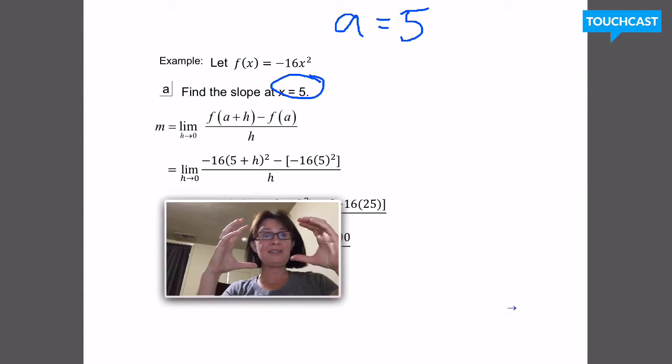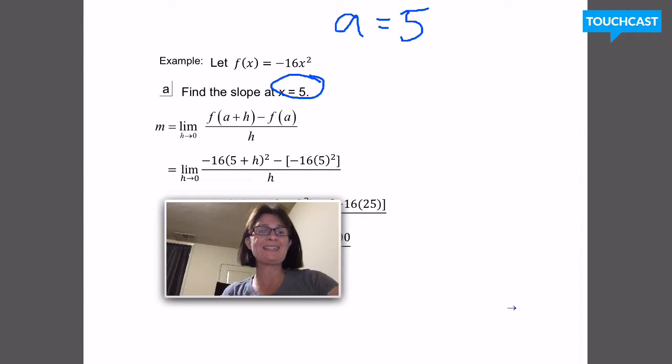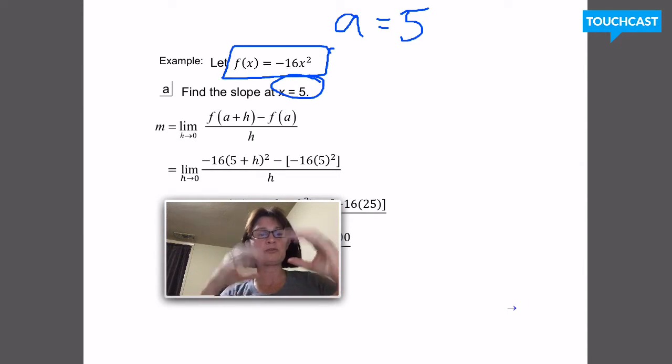But we know that a is 5, so that's why I get this negative 16, 5 plus h squared. Minus, I'm going to find f of a. That just means f of 5, so that's my f function with the x replaced with a 5. That's where I get this negative 16 times 5 squared.